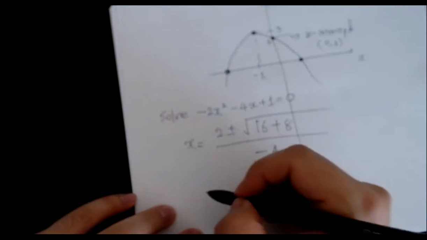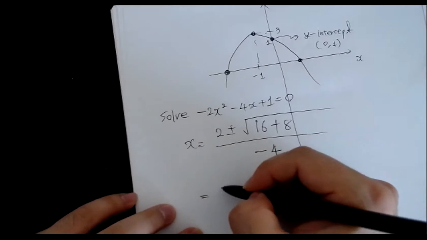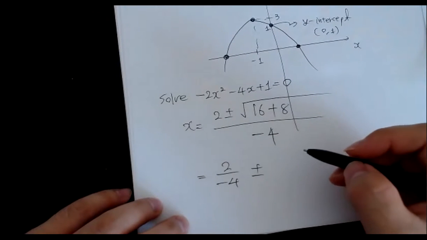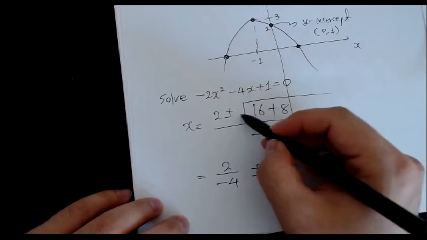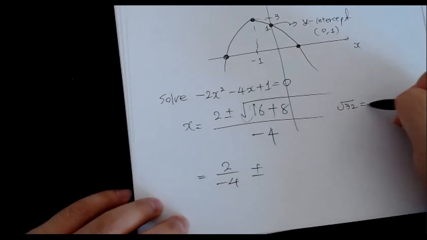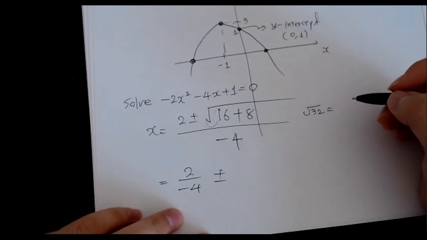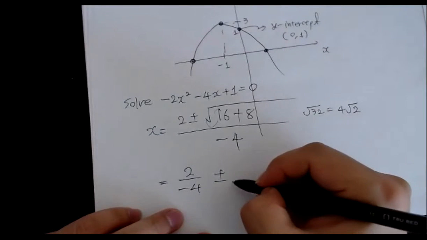So that's going to be 2 over -4, plus or minus, and then the square root of 32. The square root of 32 is equal to 4 times the square root of 2.